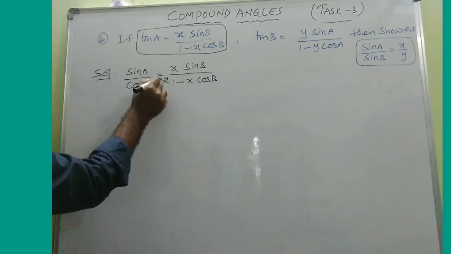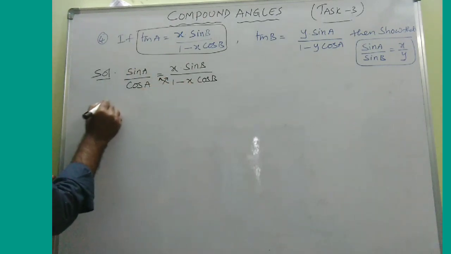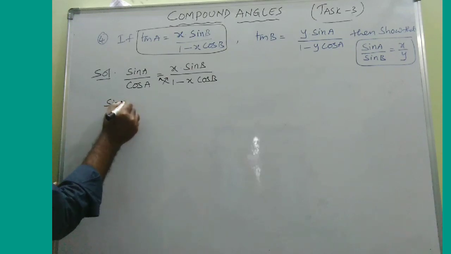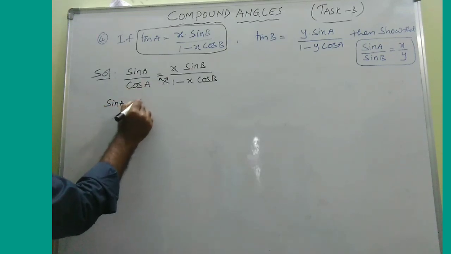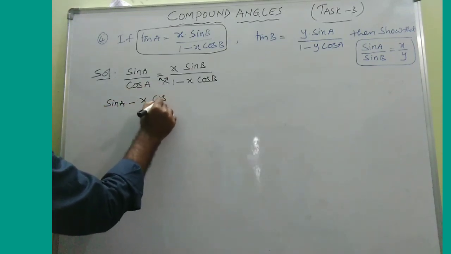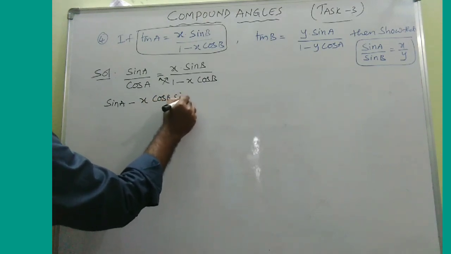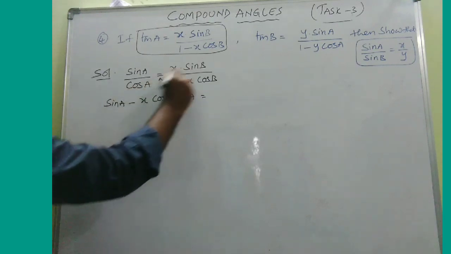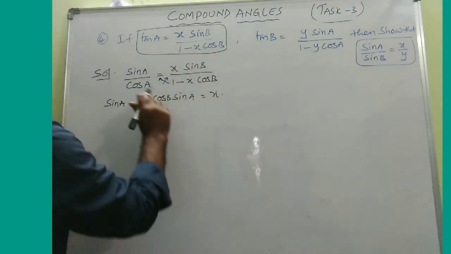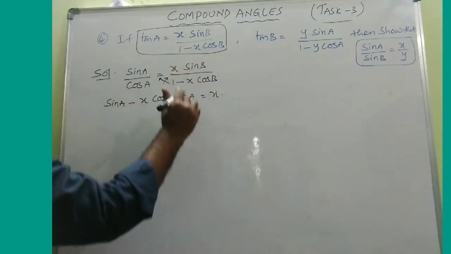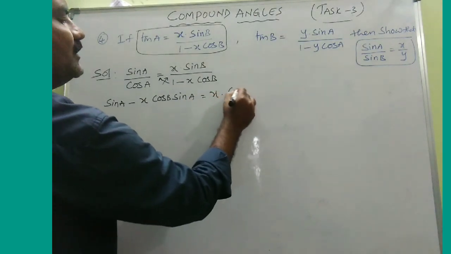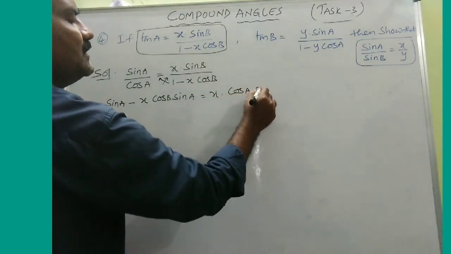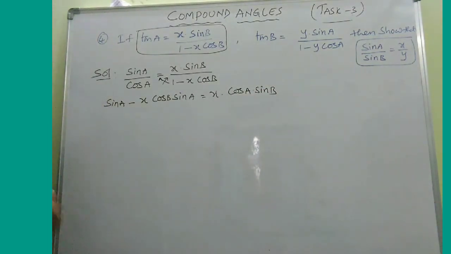So sin A into everything: sin A minus x into cos B into sin A, which is equal to, after multiplying these two, x into cos A into sin B.